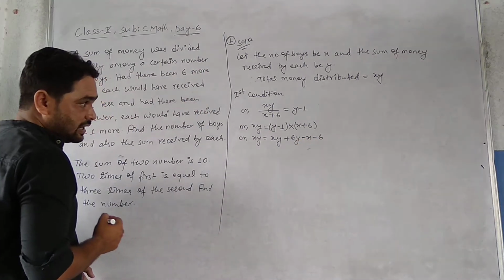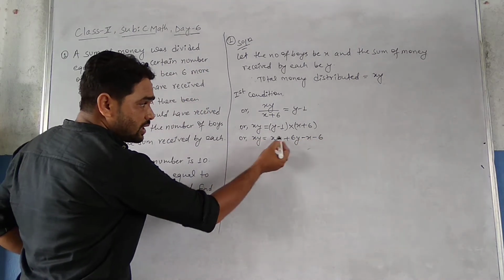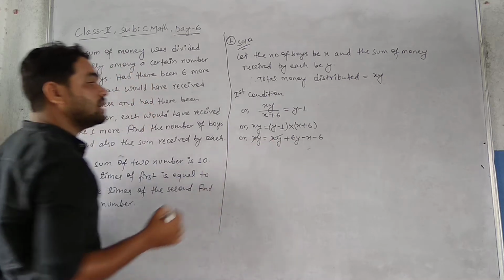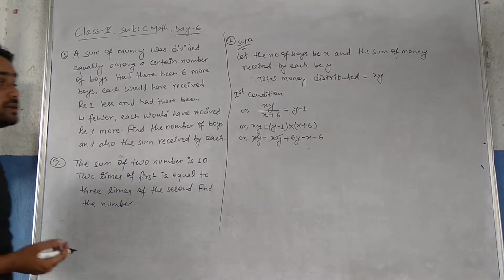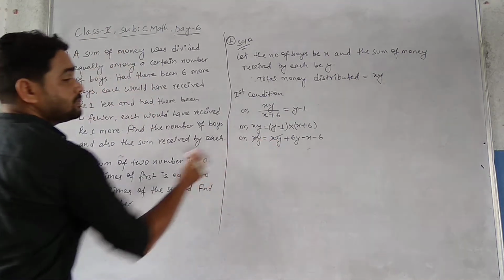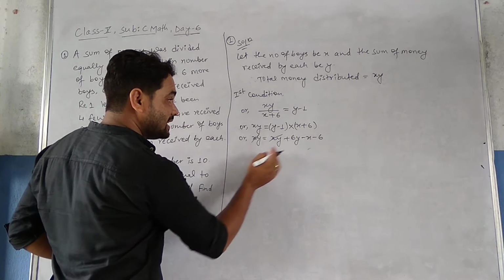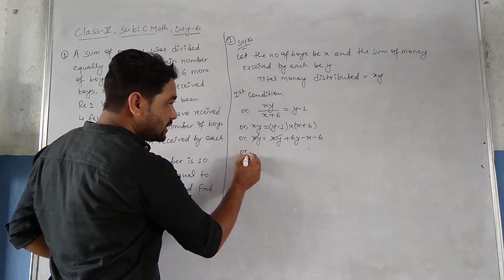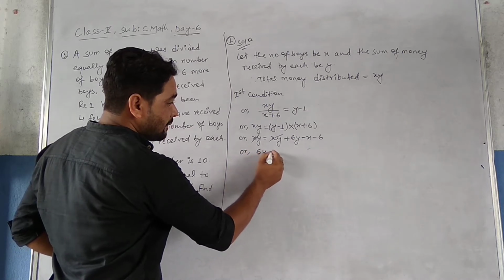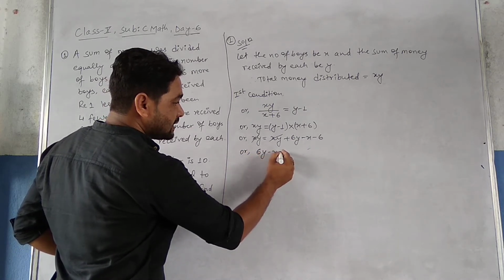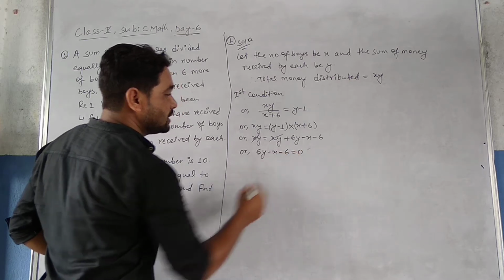Now look, here it is xy on both sides, so xy and xy we can cancel. That means this is the equation. So we get 6y minus x minus 6 equals to 0.